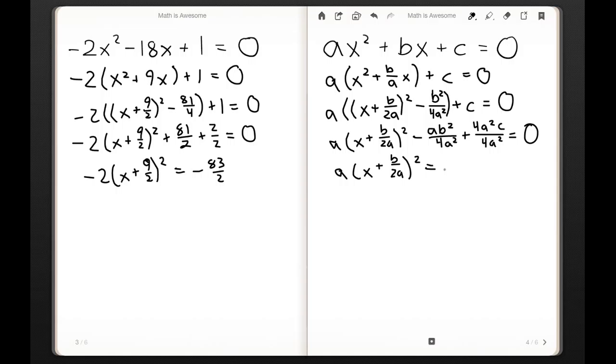So everything is going to be over 4a squared. On this side of the equation, 4a squared c is positive. On the other side, however, it's going to be negative 4a squared c. And then negative ab squared on this side will become positive ab squared on that side.